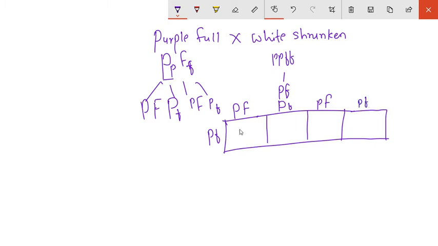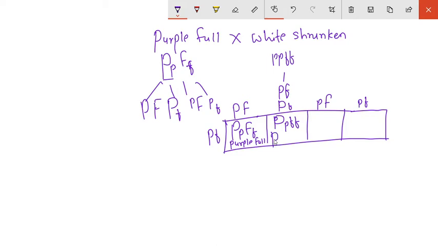So first of all it produces capital P, small p, capital F, small f. That means it is purple and full. Okay. Then capital P, small p, small f, small f.